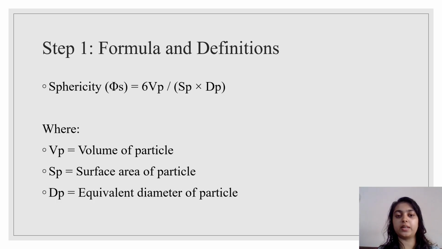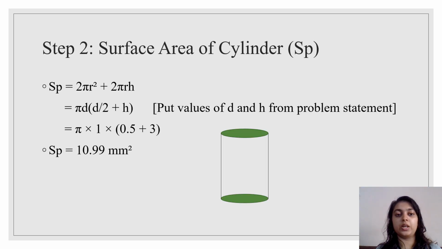In this sphericity formula, Vp stands for volume of particle, Sp stands for surface area of particle, and dp is equal to the equivalent diameter of particle. So to calculate sphericity, we require three terms, right? That is volume, surface area, and the diameter. So let's calculate these three things: diameter, volume, and surface area.